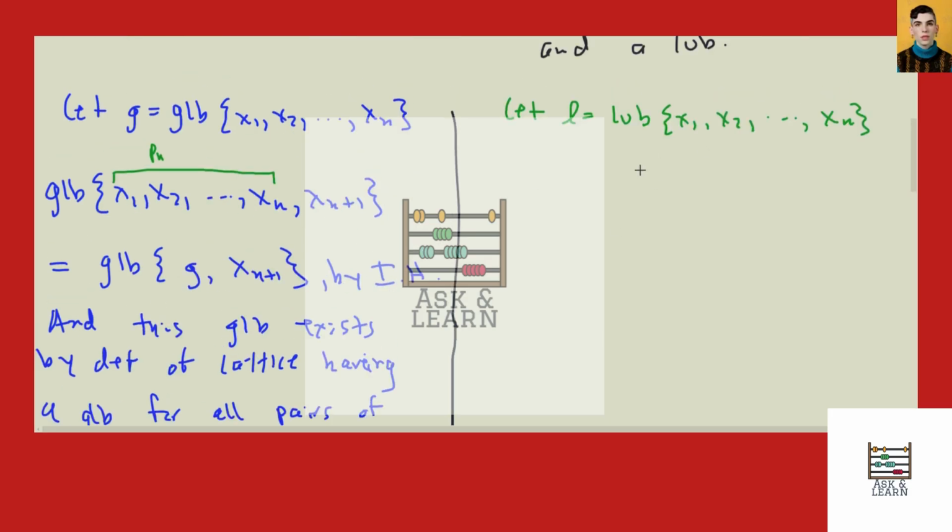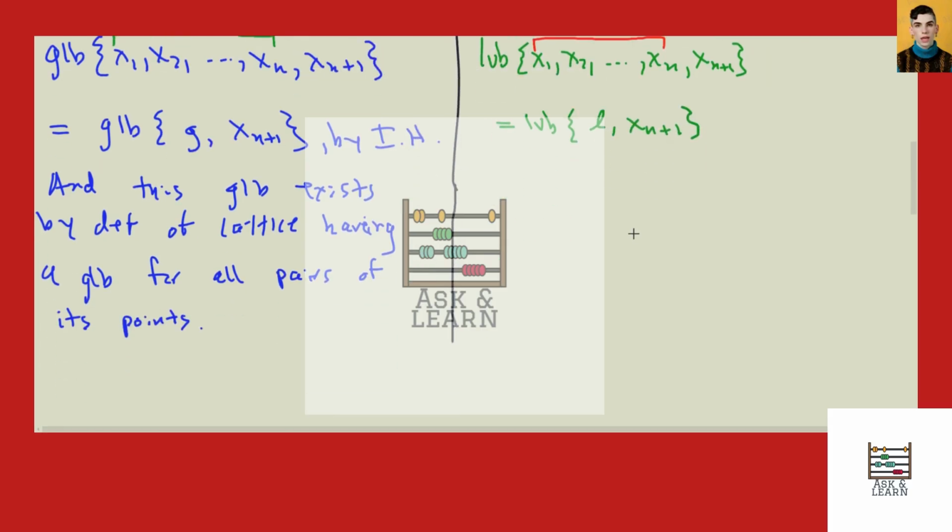Now, what about over here? So we'll apply that same logic. So we now want to look at the least upper bound of x1, x2, dot, dot, dot, all the way up to xn plus 1. So now, again, this right here is just our statement Pn. So this is going to be equal to the least upper bound of L and xn plus 1.